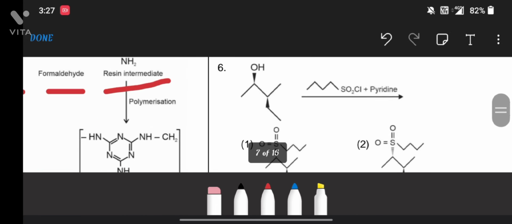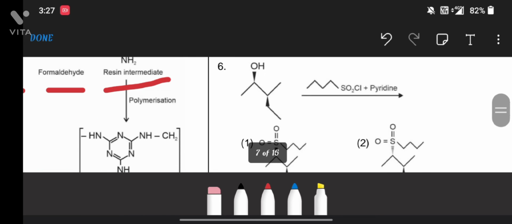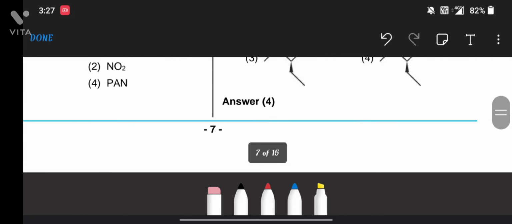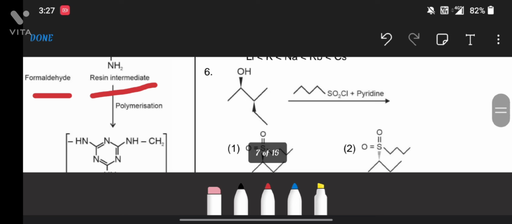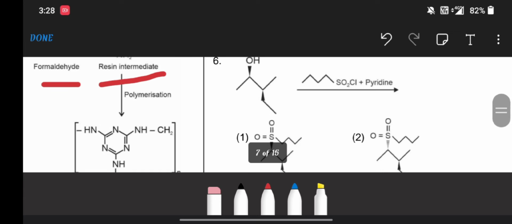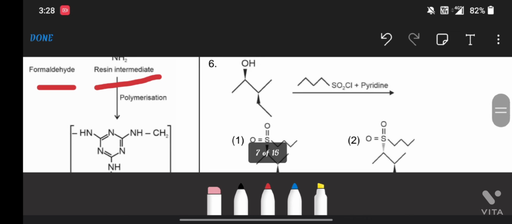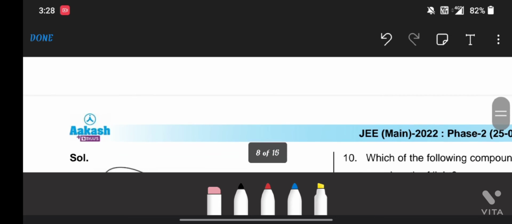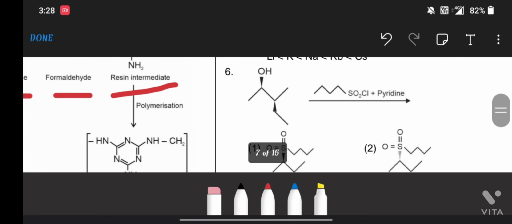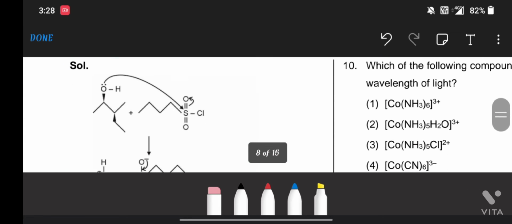Moving on to question number 6, here they have given a reaction. Here we have to find the product of the reactant they have given, and the catalyst also they have given here. Let us see.